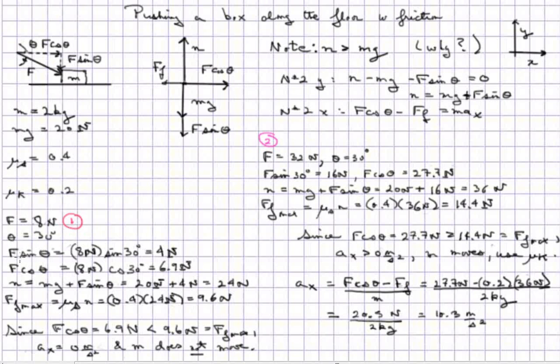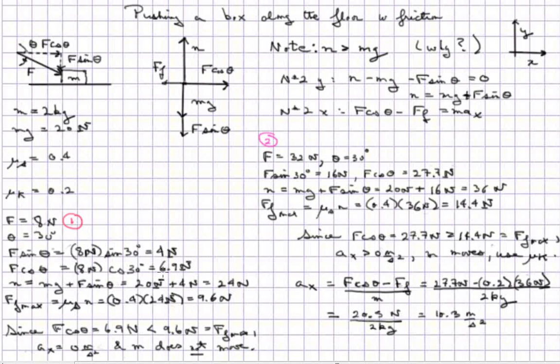Well, in that case, F sine theta would be 8 newtons times the sine of 30. Sine of 30 is 1/2, and so the y component would be pointing down with a magnitude of 4 newtons, and F cosine theta would be 8 newtons times cosine of 30. So grab your calculator and you will see that that is 6.9 newtons.